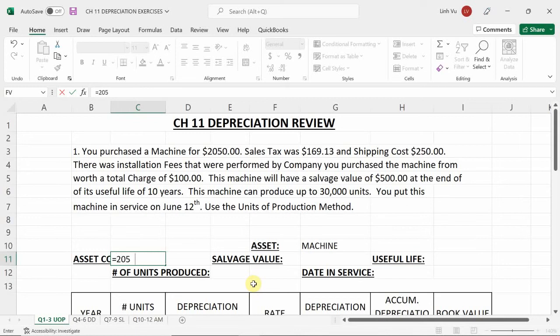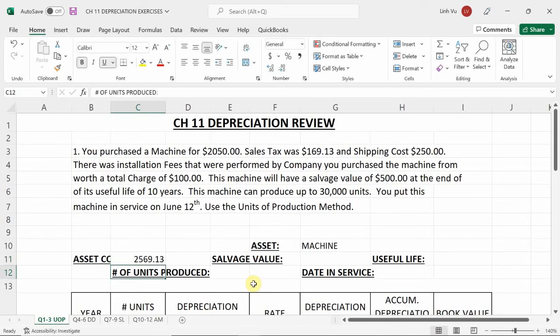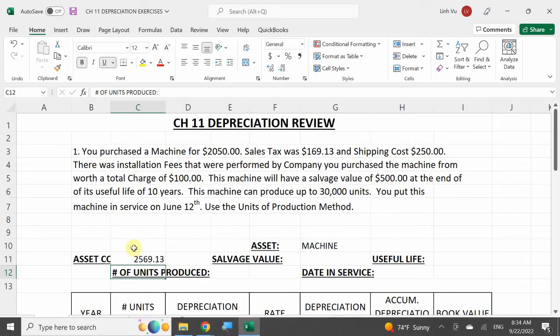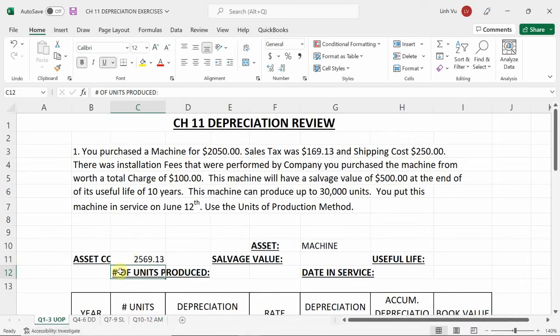So, you got the cost of the machine. You have to add the sales tax and the shipping, plus the installation fees of $100. Yes. It is $2,569.13. Is that what you said to me? Yep. All right, awesome. That's it.